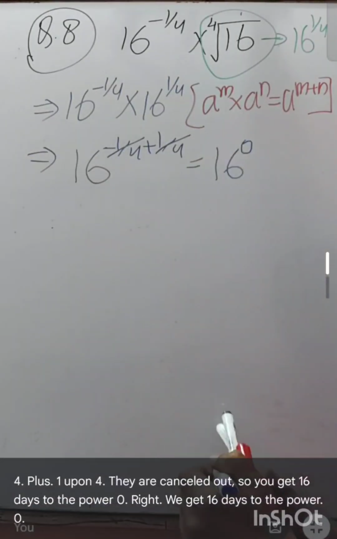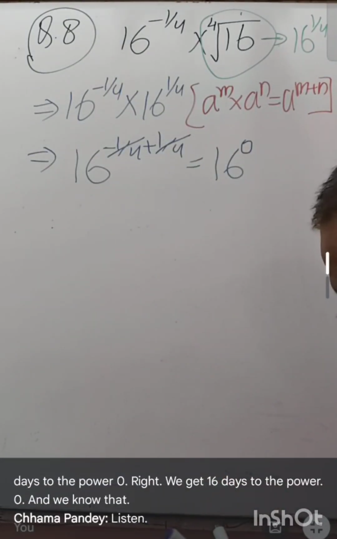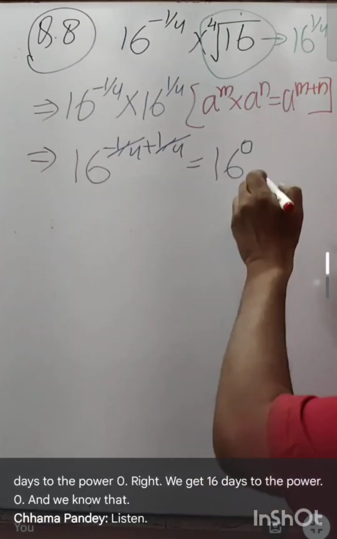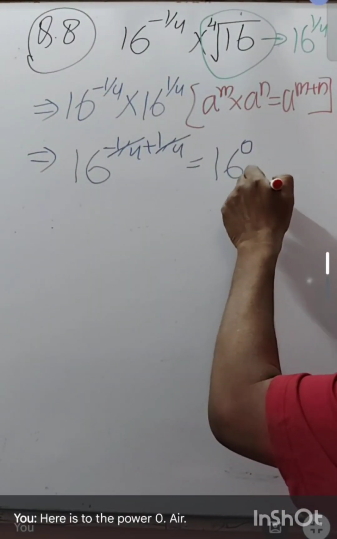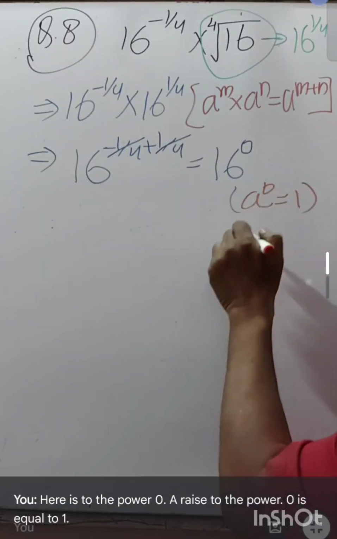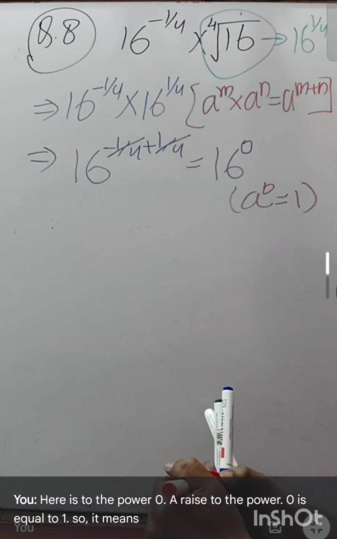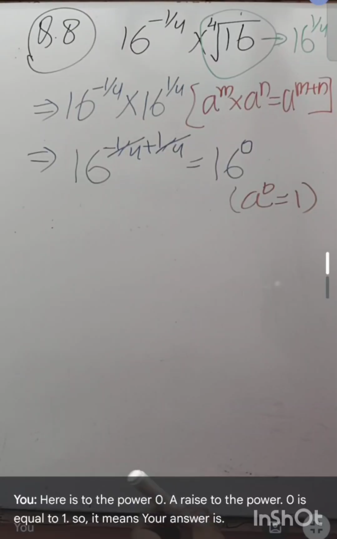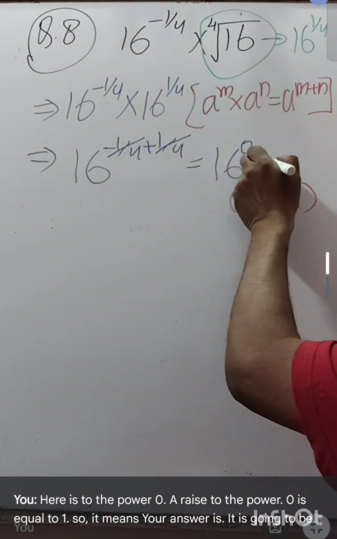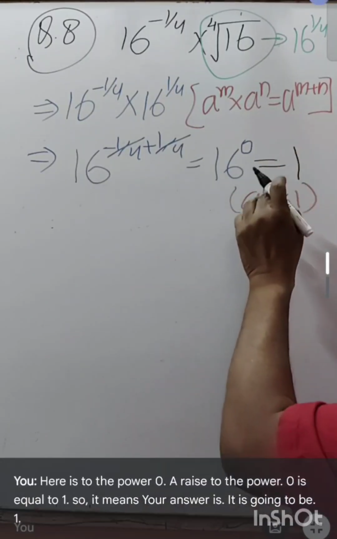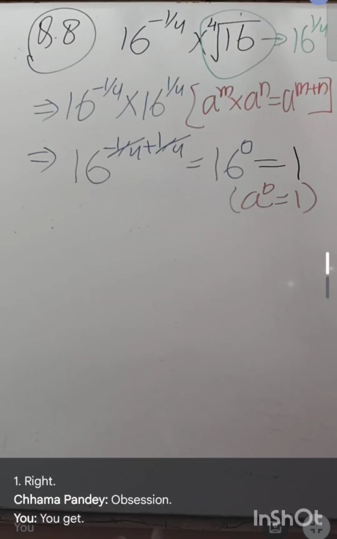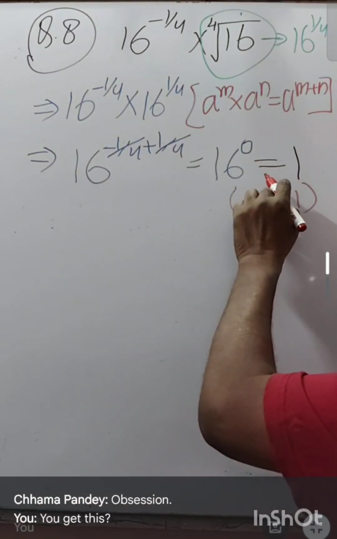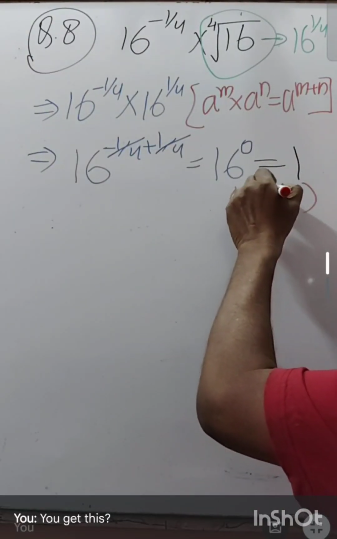And we know that a raised to the power 0 is equal to 1. So it means your answer is going to be 1. Right? You get this? I hope you understand.